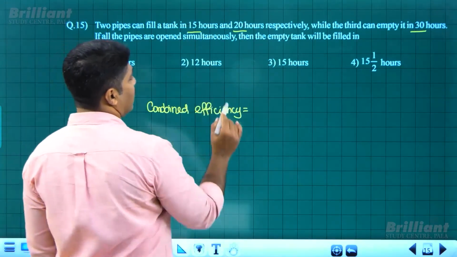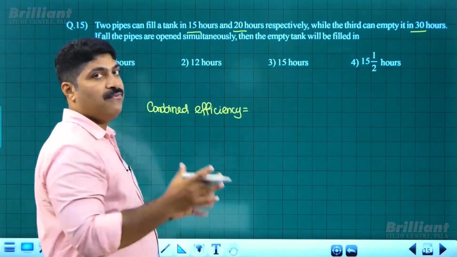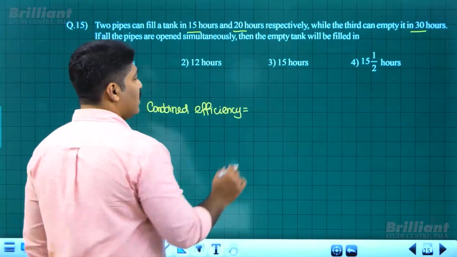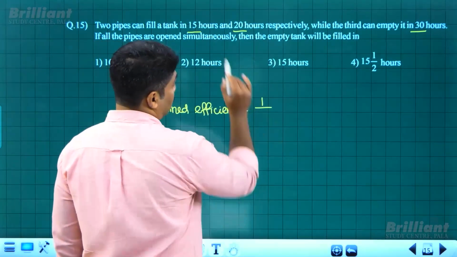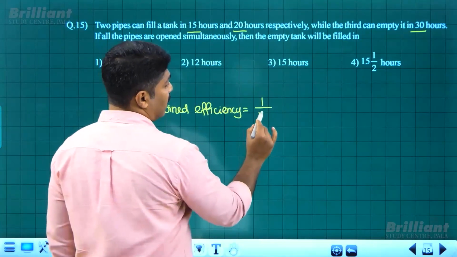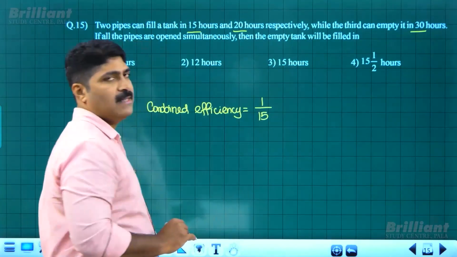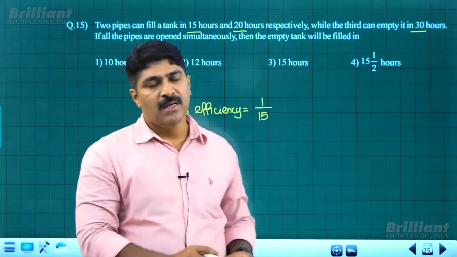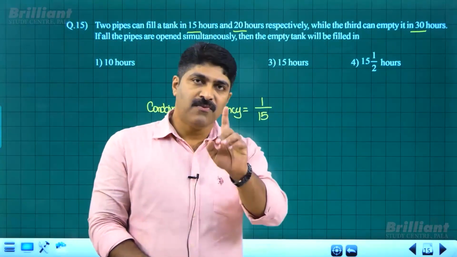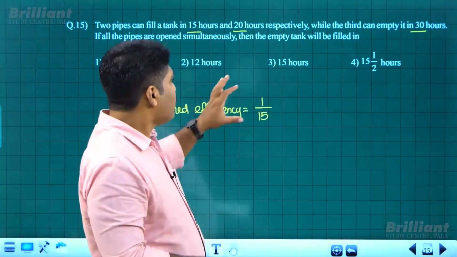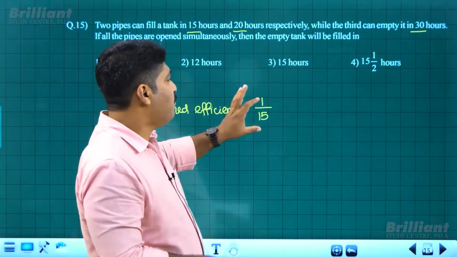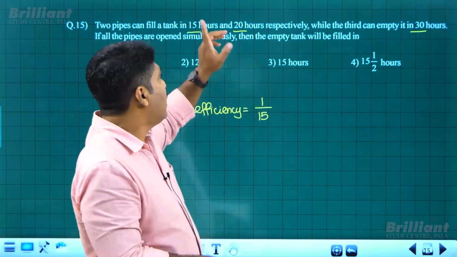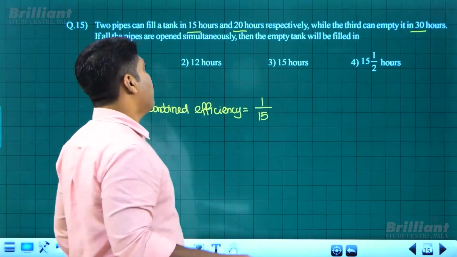The first pipe will take 15 hours to fill the tank. That means if you split that entire work into 15 equal portions, one portion is completed in 1 hour. That means 1/15 of the tank can be filled by the first pipe in 1 hour.